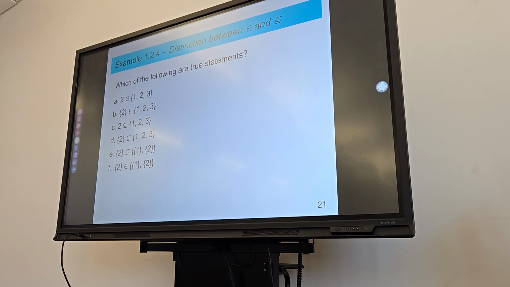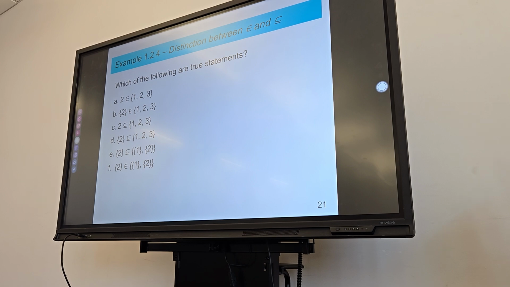Yes, so it is a subset. But it has the brackets. The brackets around the 2 indicate that that is a set. It is its own set, but it is a subset of the second set.